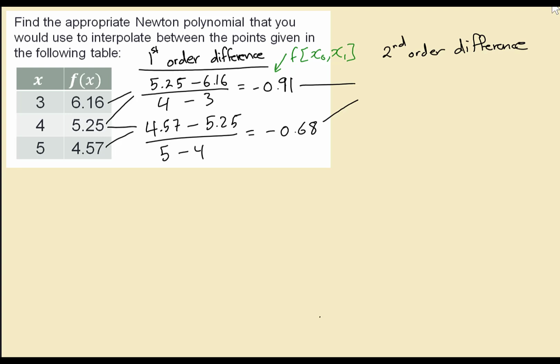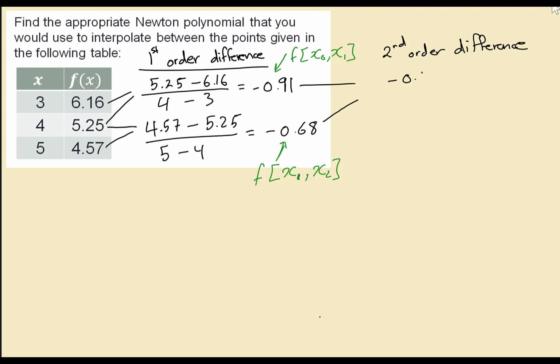Another thing to mention here is that what we see here is represented in the equations as f square brackets x1, x2. So now the second order difference is going to use the points that we see here.